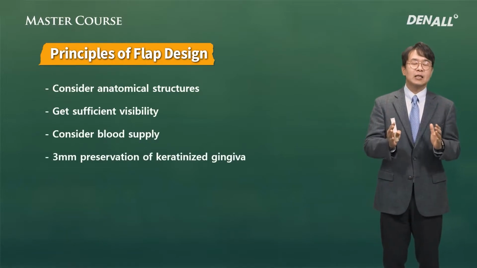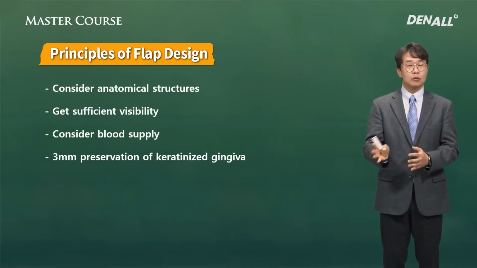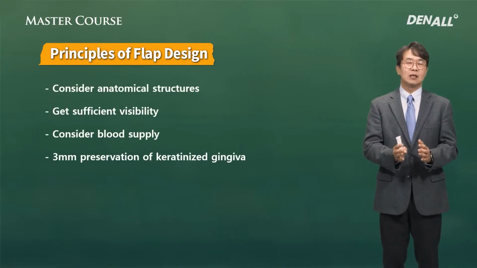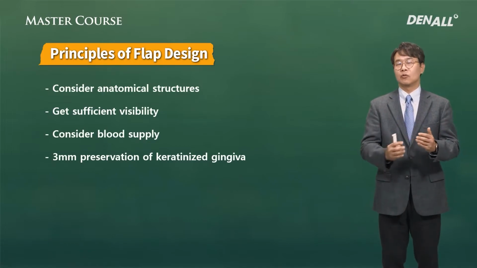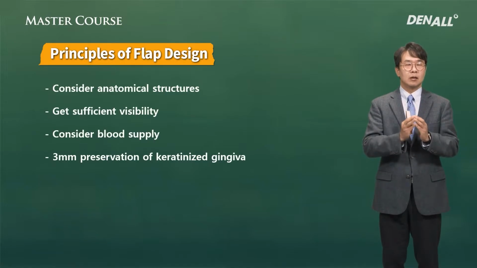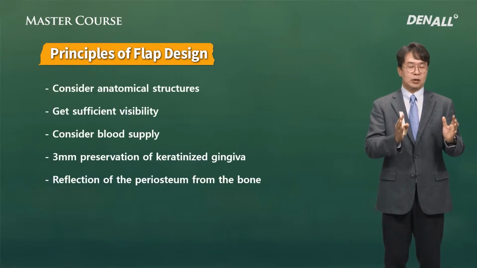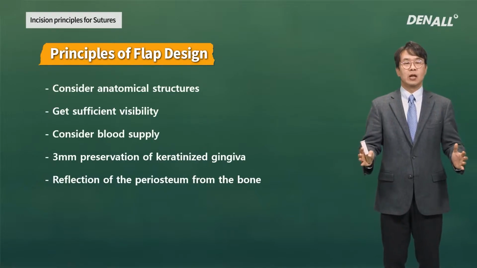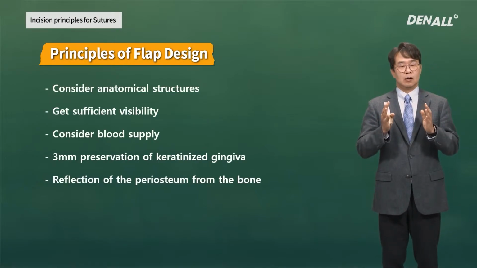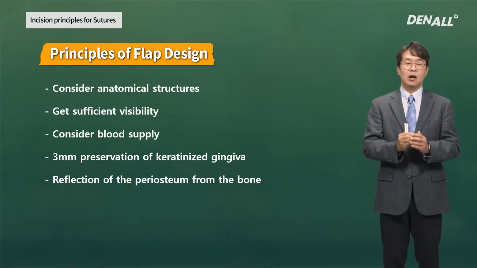Preservation of keratinized gingiva is important, but in some areas there is no keratinized tissue, then we can do some additional surgery to preserve the keratinized tissue, and that will be discussed at a later opportunity. When you design an incision, you have to include the periosteum.